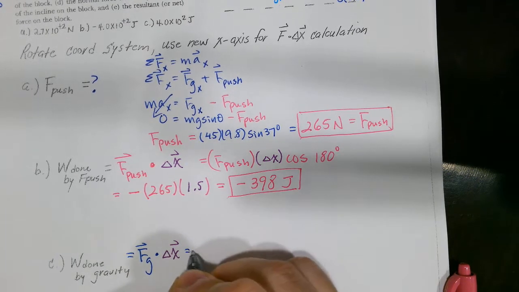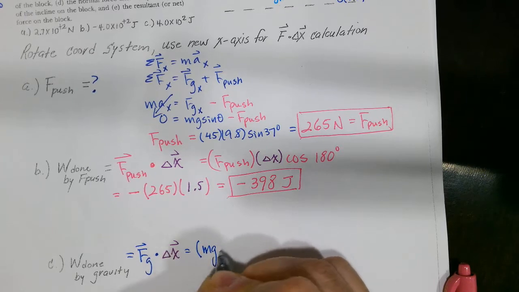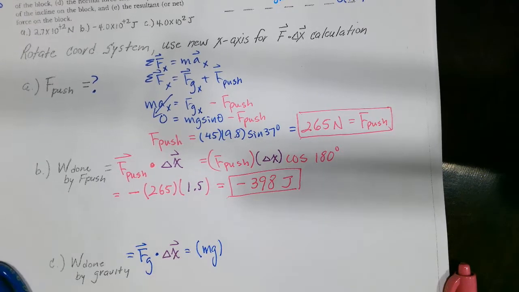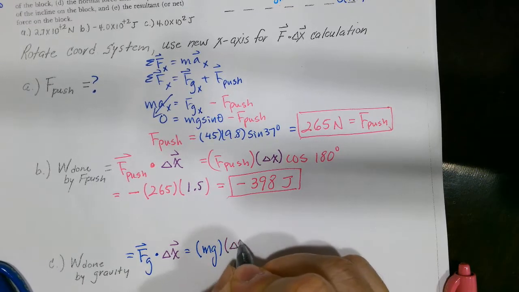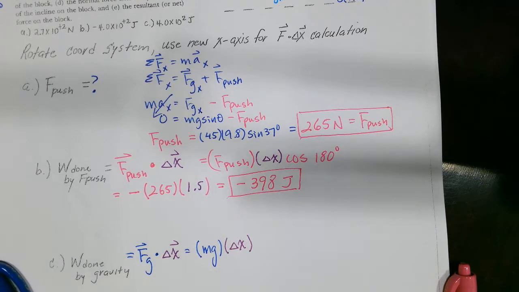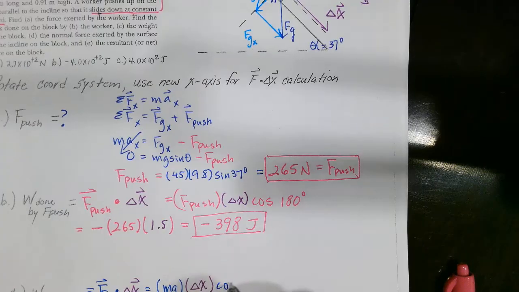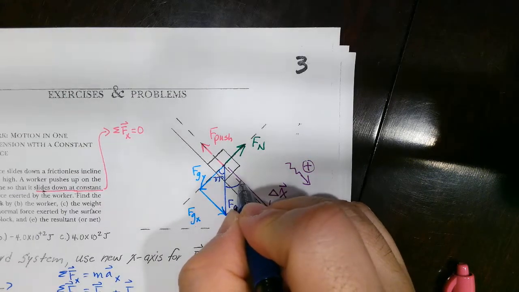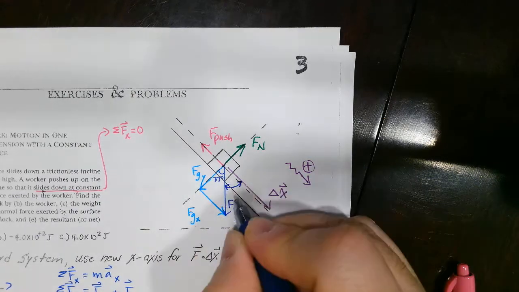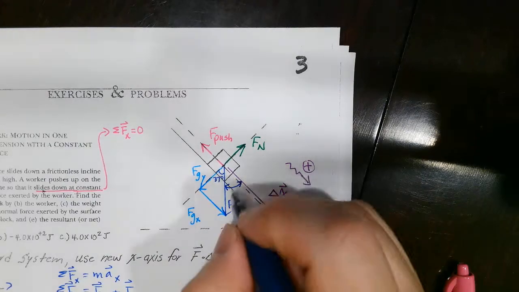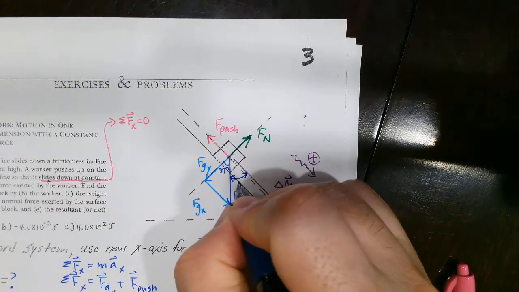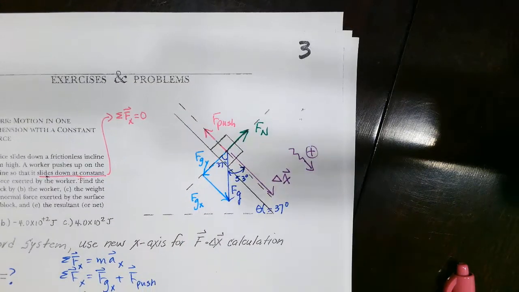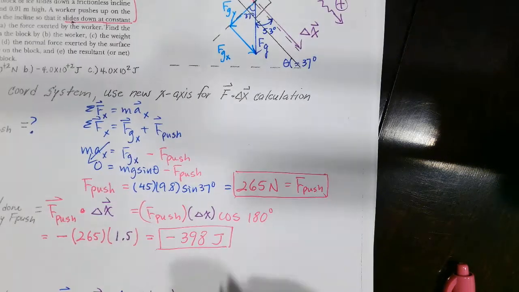That is simply mg times delta X times cosine of, what is this angle right here? That angle is 53 degrees. Okay?